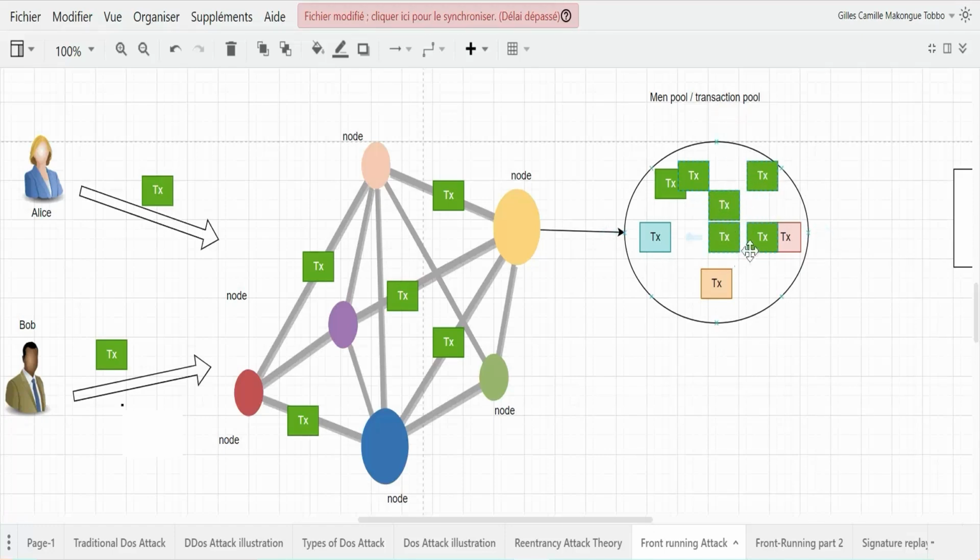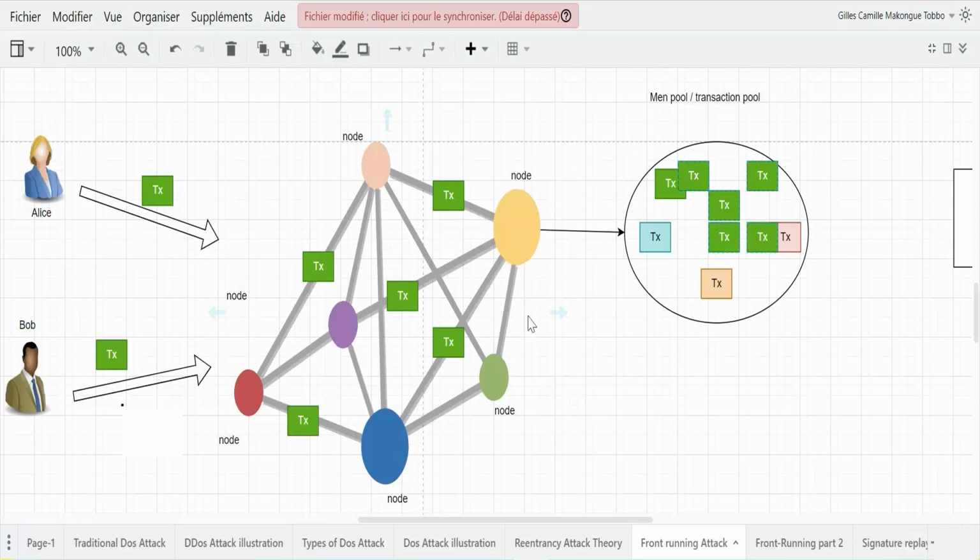And once the mempool is saturated, it can cause network latency because of too many transactions. The nodes are going to work twice or three times as much as they used to, and it can also cause node crashing because the node is going over its real capacity.